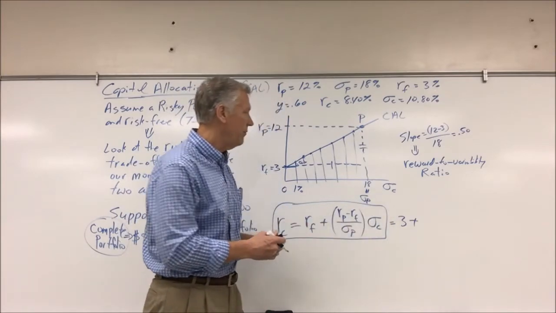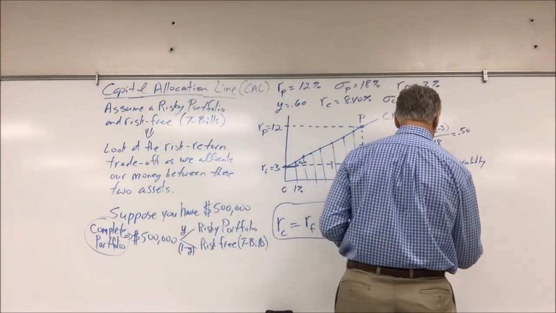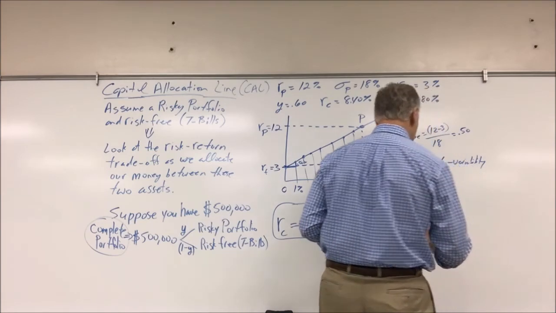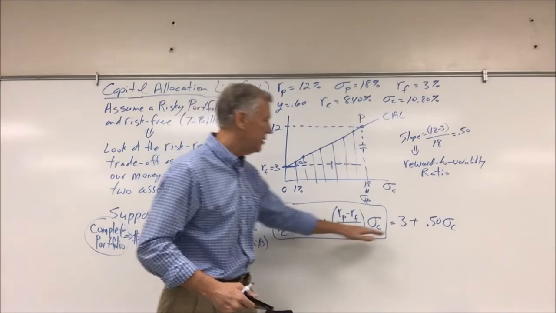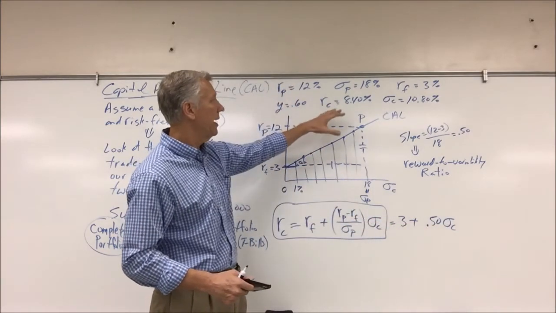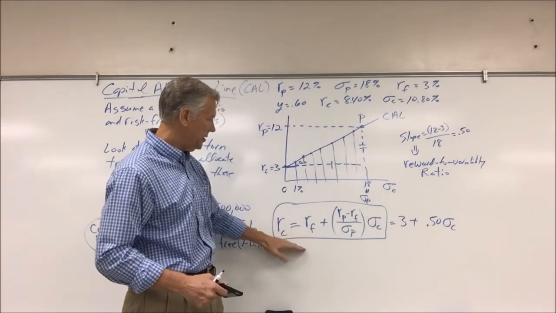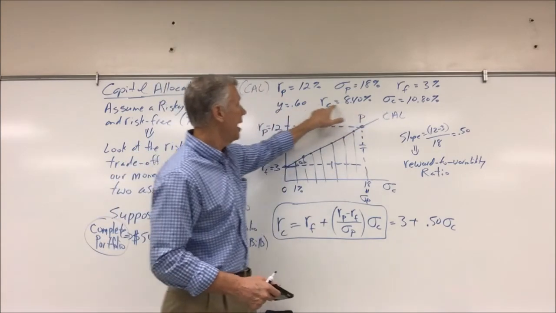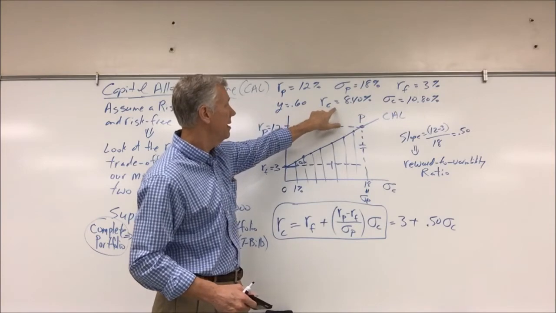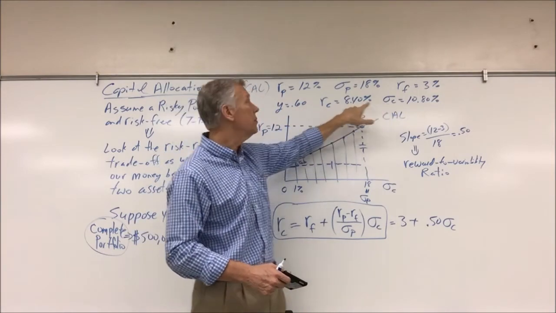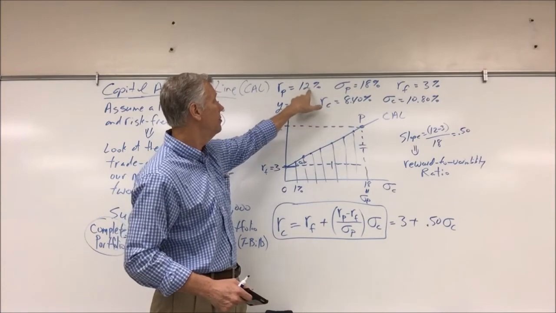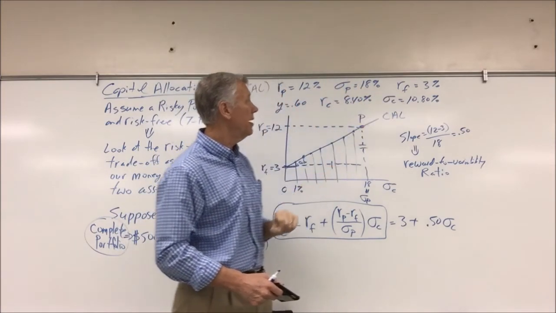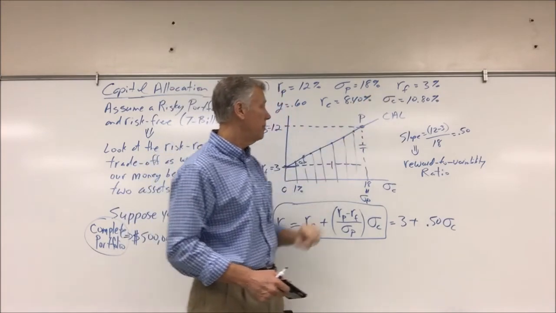Okay, so let's finish out. This is equal to 0.50 times sigma C. This is my RC. If everything is working out right, I darn well better get the same answer here as I got up here. Remember, in this equation up here, the slope was not even used. This was simply a weighted average between 12%, 60% here, and 3%, 40% earning 3% right here.